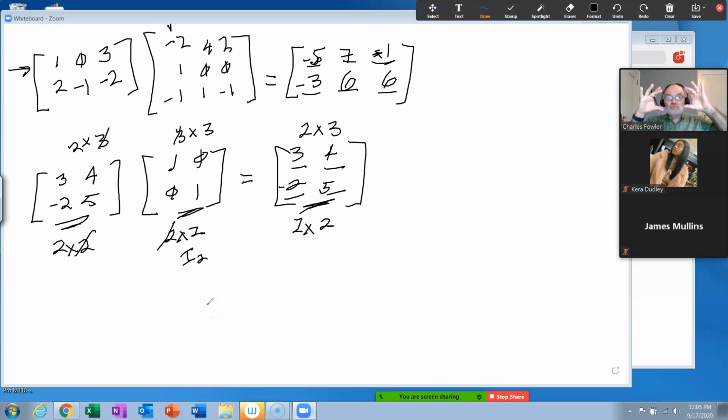They're always square, never rectangular, square, okay? And I'm jumping the gun on this, but the main diagonal elements are always 1s, and every other element is a 0.